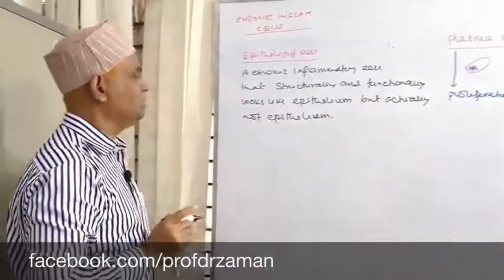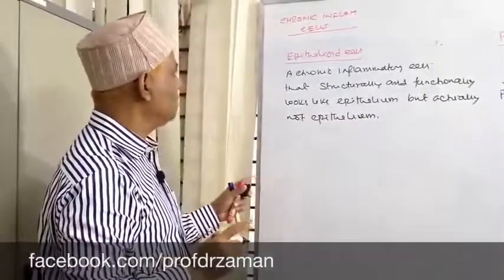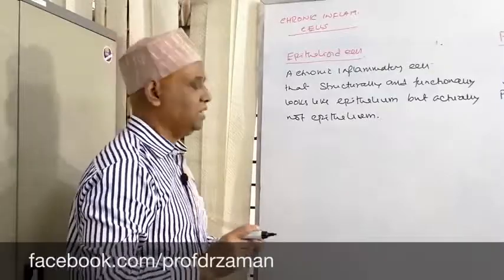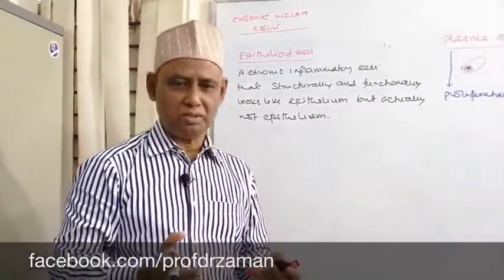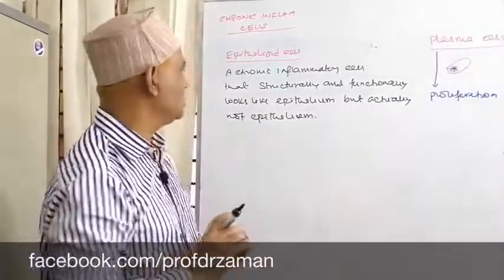Such type of cell is called epithelioid cell. So it is not epithelium, but structurally and functionally it resembles the epithelium. So it is called epithelioid cell.